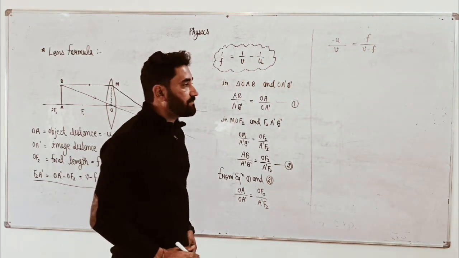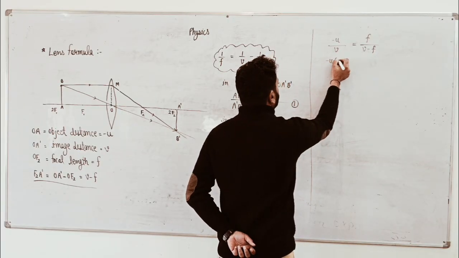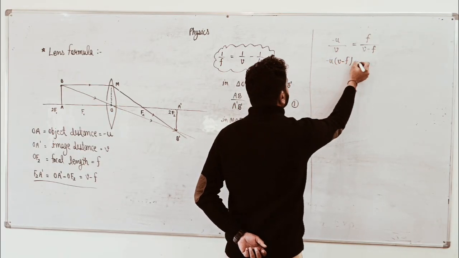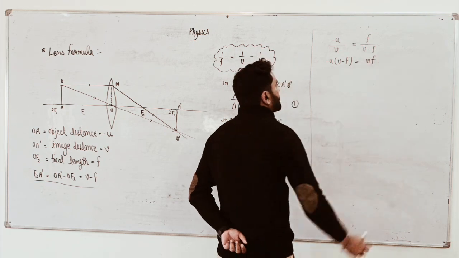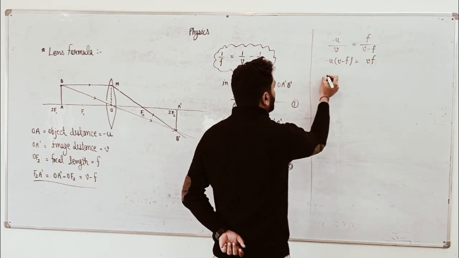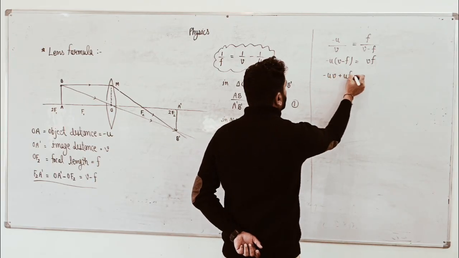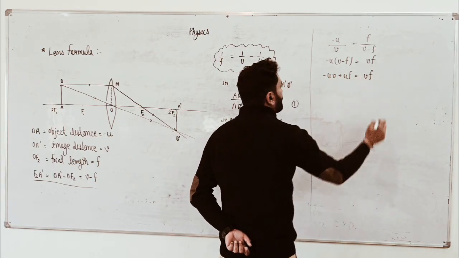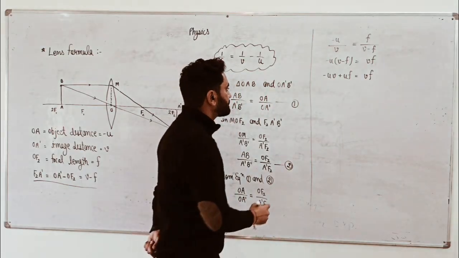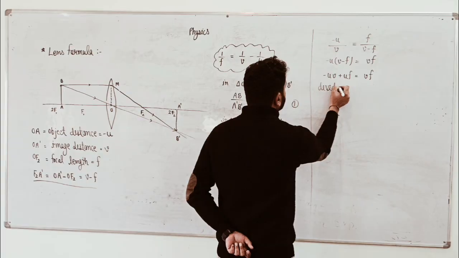Now, if we cross multiply, then minus U will be multiplied by V minus F, and V will be multiplied by F, so it will be VF. Now if we open this bracket, then minus UV plus UF will be equal to VF.